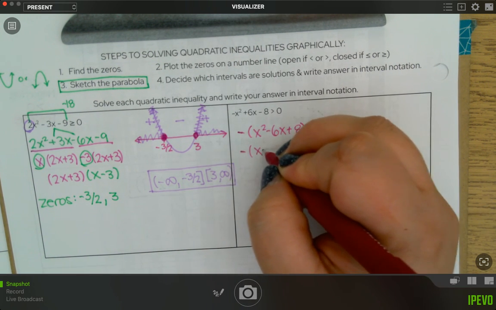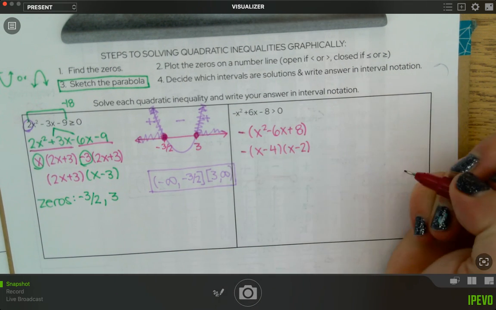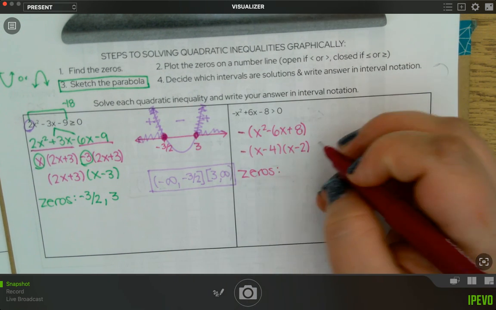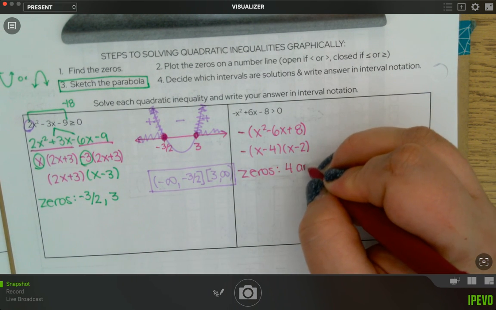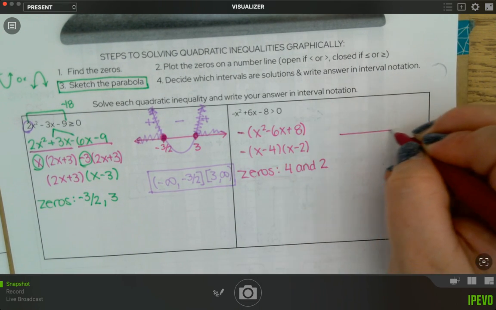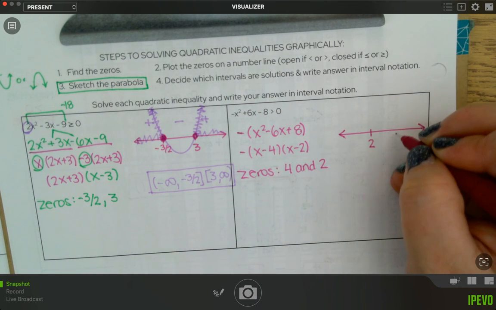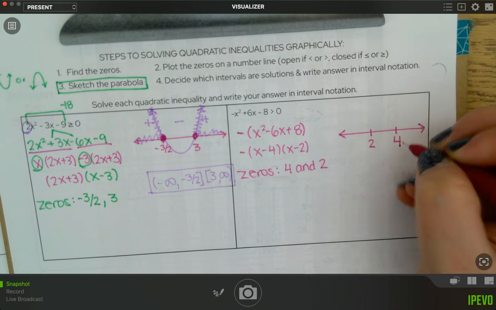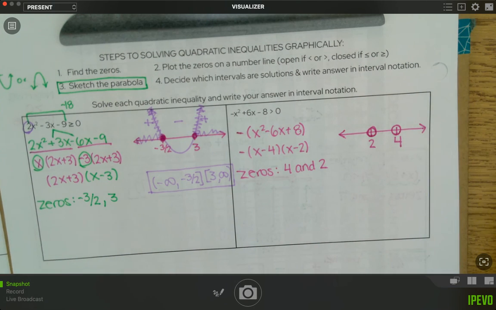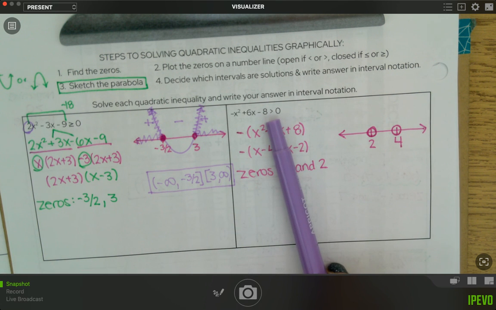That'll be -4 and -2, leaving me with zeros of the opposites, 4 and 2. So I'm going to draw my number line. I'm going to put 4 and 2 on that number line with open circles because there's no equals to.